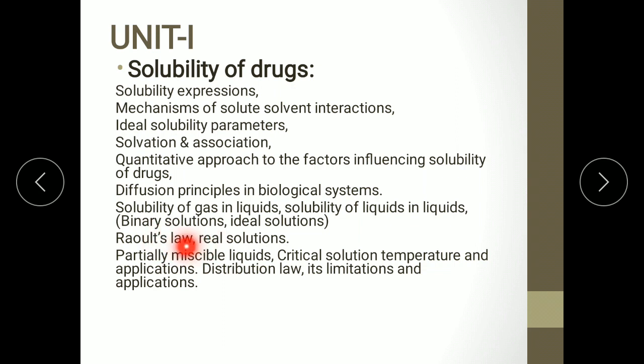Raoult's law comes under theories of solutions, ideal solution, binary solution, real solutions. All these things are very important from your exam point of view also. Okay, then partially miscible liquids, critical solution temperature and application, distribution law, its limitation and application.